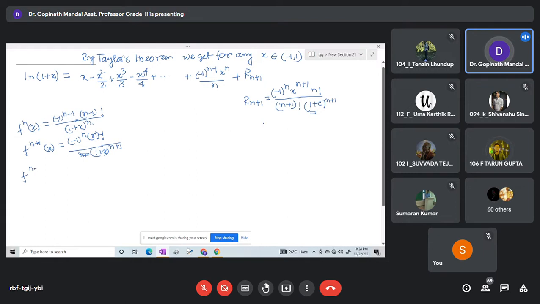So if f n plus 1 c was actually -1 to the power n factorial n by 1 plus c to the power n plus 1, right? This term is here, this term is here?